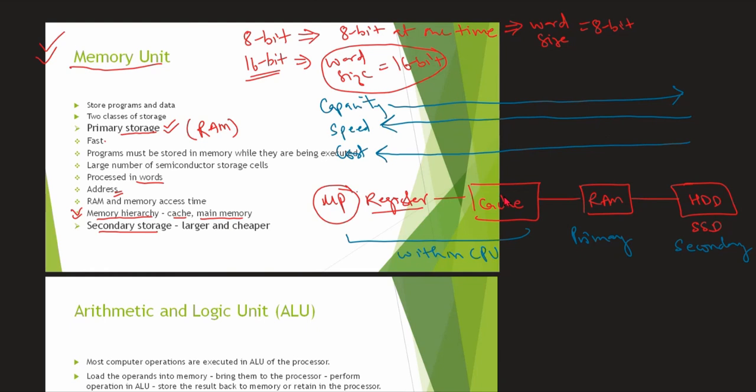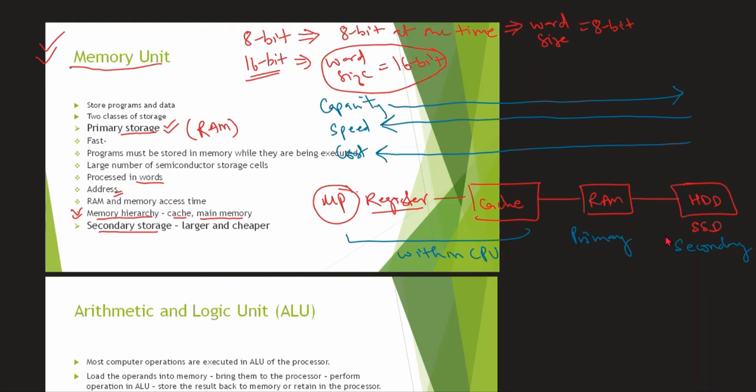Cache memory has very high cost and very high speed compared to RAM and hard drive, but its capacity is less. Registers have the highest cost, the highest speed, very fast, and very little capacity.